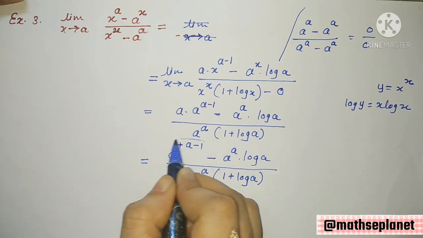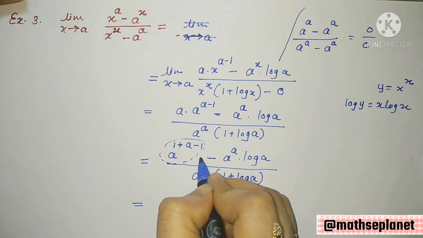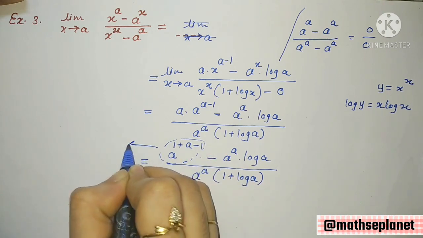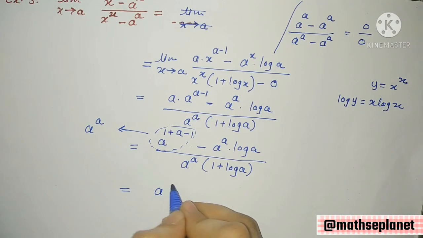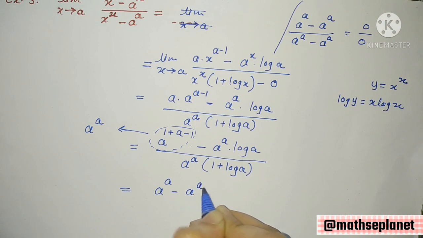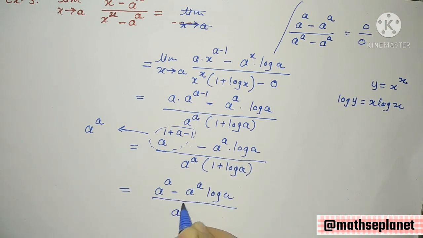This total term is nothing but a raised to a. So what we are getting here is a raised to a minus a raised to a log a, divided by a raised to a into 1 plus log a.